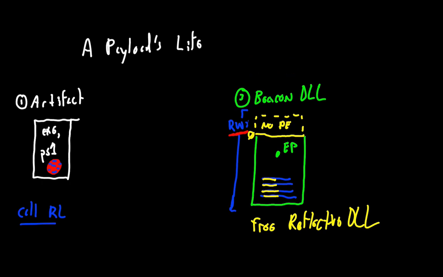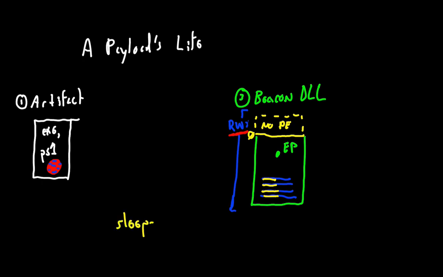The last one I'll speak to is sleep mask. What sleep mask does is, when your beacon is about to go to sleep, it walks over all of the content of the beacon and applies XOR masking to it.